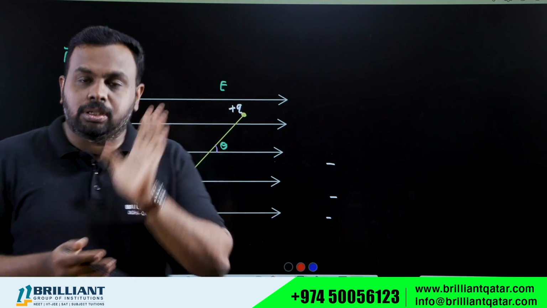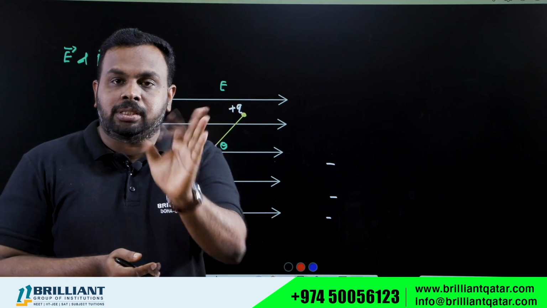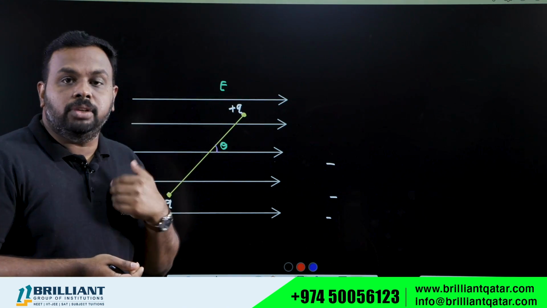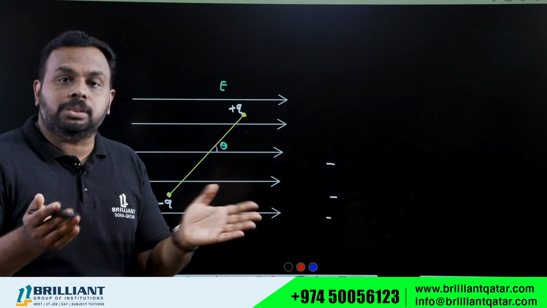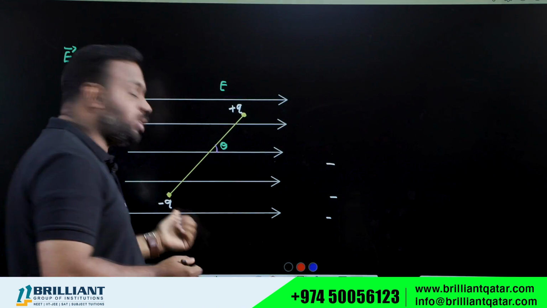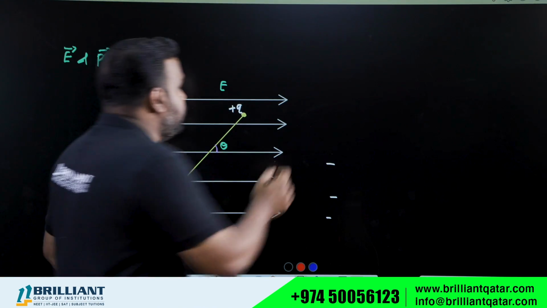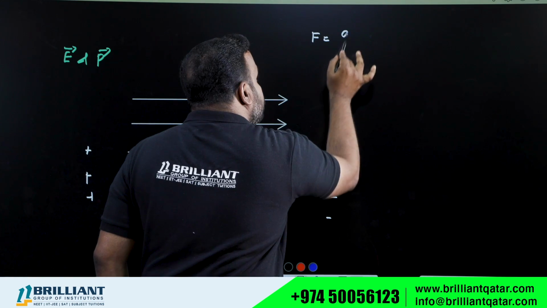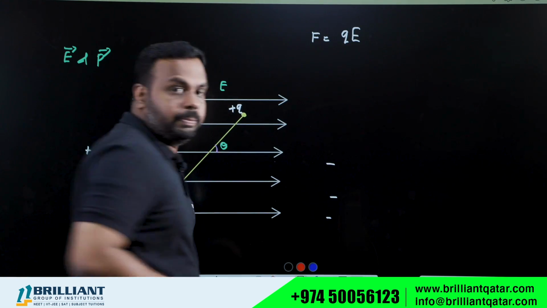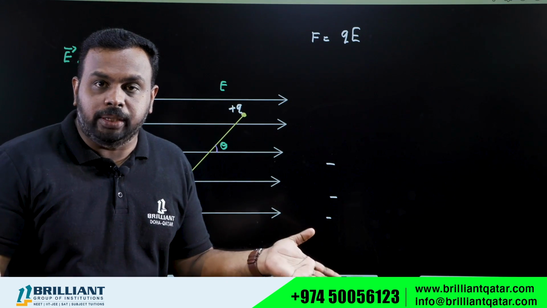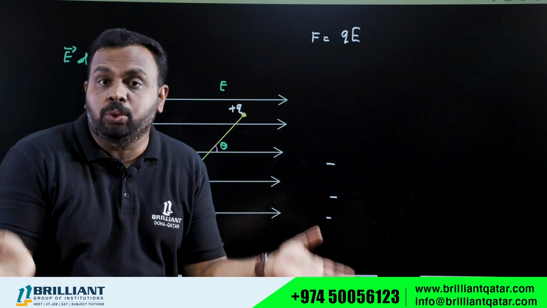So a charge q is kept in an electric field of magnitude E. We know that it will experience a force. What is the magnitude of that force? We already found it. It is qE. So the minus q charge experiences a force F equal to qE. Clear, right? Magnitude of the force will be qE.